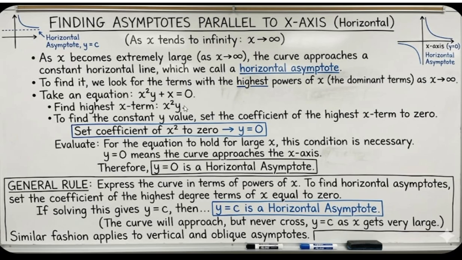If the given equation is like this, then whenever x tends to infinity, we have to find out what this curve becomes. But finding the solution for x²y + x as x tends to infinity is nothing but finding the solution of x²y = 0, because it is the same.